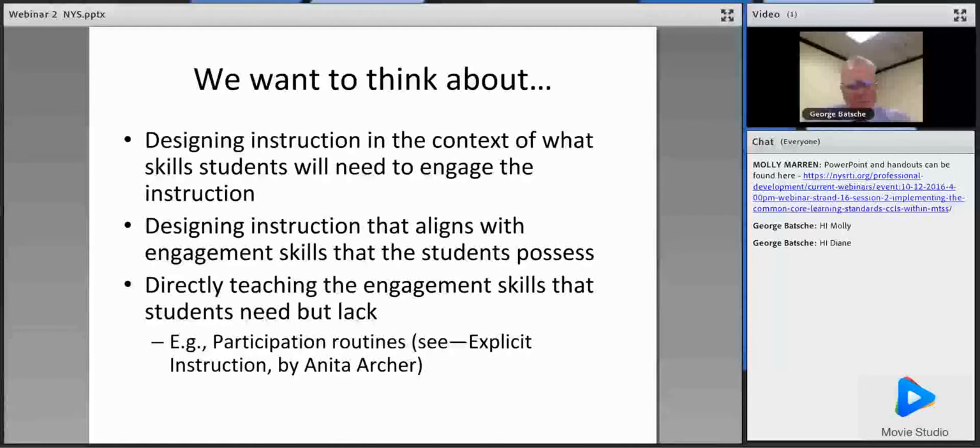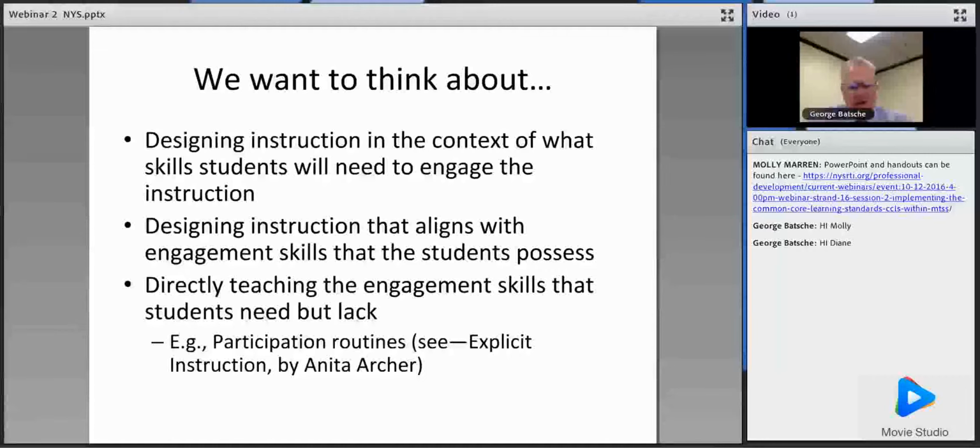And in her publications and webinars, she demonstrates how to teach participation routines to students. There's a great video of her teaching participation routines to middle school kids who really have never learned how to verbally participate, how to raise their hand in one way to communicate one thing, raise their hand in another way to communicate another kind of participation.